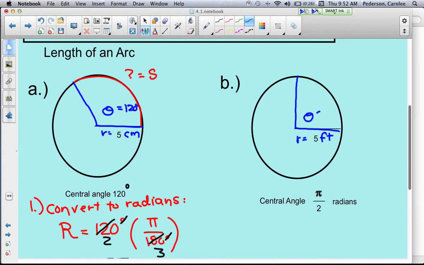Our theta is pi over 2. And it's already in radian measure, so we don't have to convert it. And what we want to do is find out how long this arc length is. That's our unknown. So I'm going to give you about a minute lead time to go ahead and find it yourself.